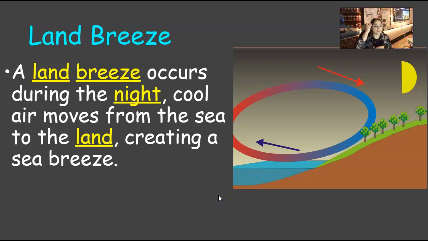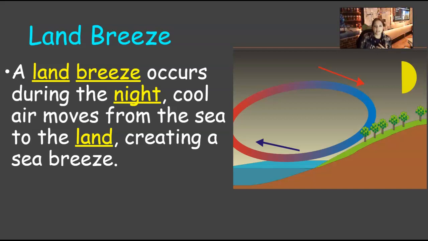So a land breeze occurs during the night because, again, remember, land heats up faster, which means it cools faster than water. So if it's cooler than the body of water, that cool air will then be sinking over the land and pushing out over the water where it heats up, and then it comes back around and gets pushed.